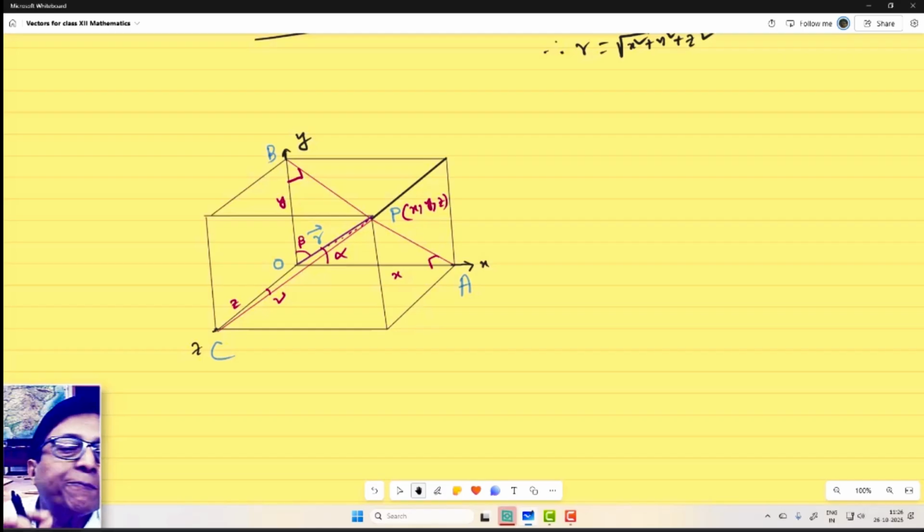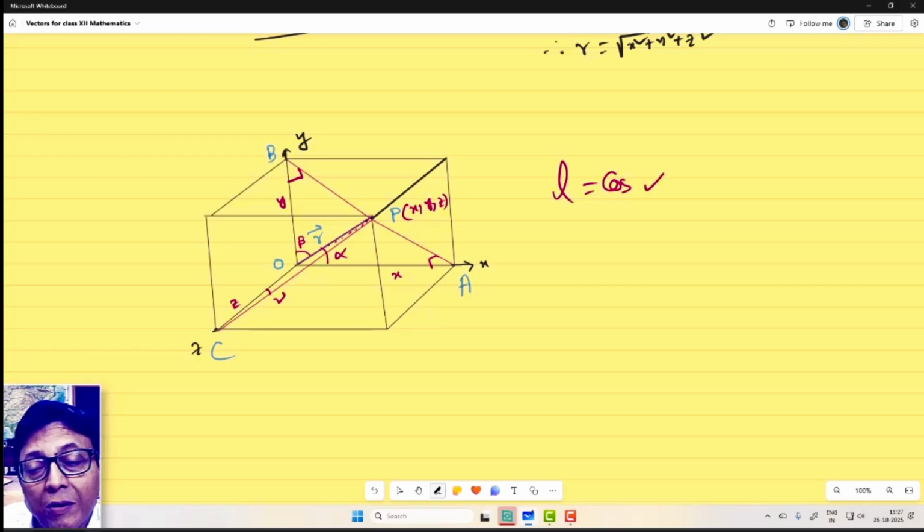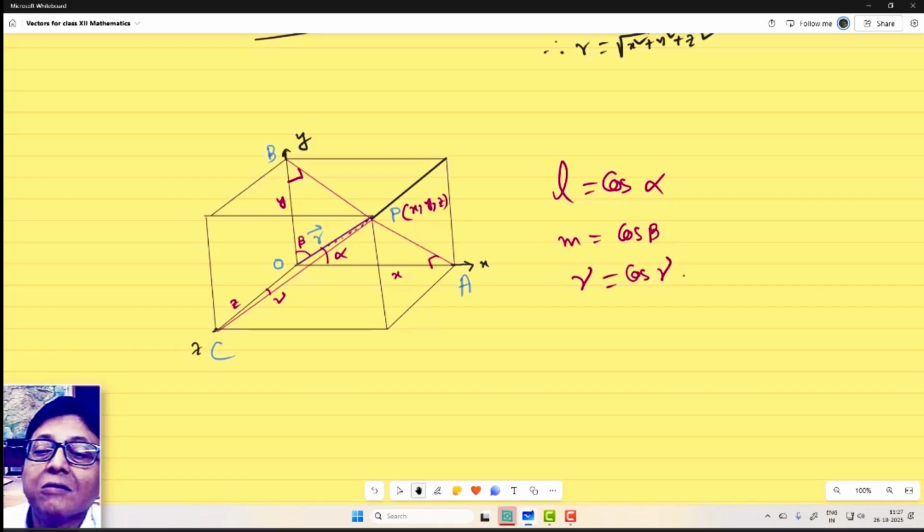This is the concept you got in the class 11 syllabus. My aim is to find the values of l, which is cos alpha, m, cos beta, and n equal to cos gamma.